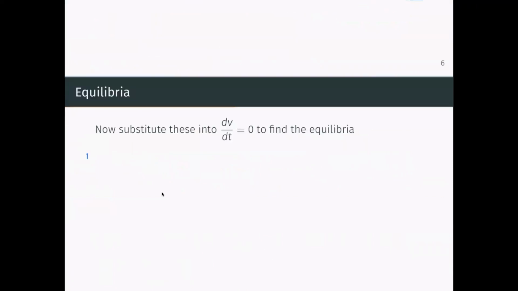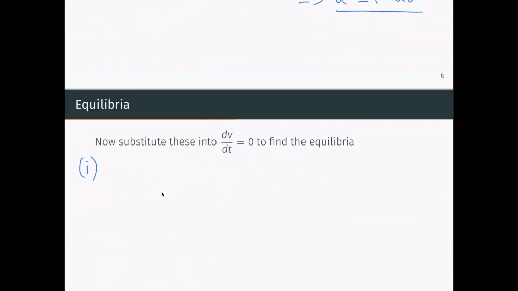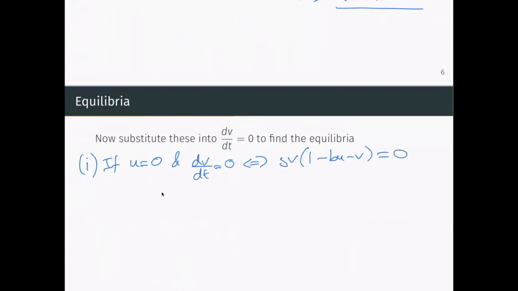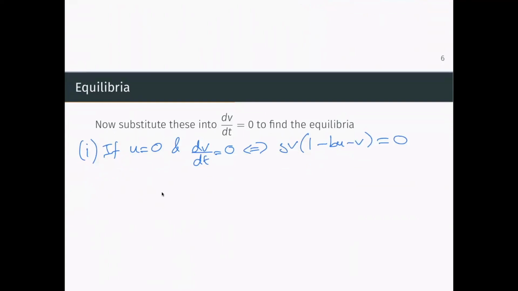So let's think about our first case. If u is equal to 0, so that's our first null line, and we're assuming dv/dt is equal to 0, that implies that s times v times (1 - bu - v) is equal to 0. This is just my equation for dv/dt, set to be equal to 0.